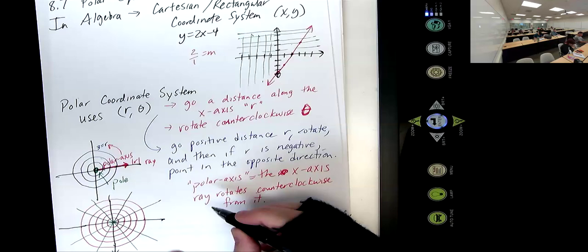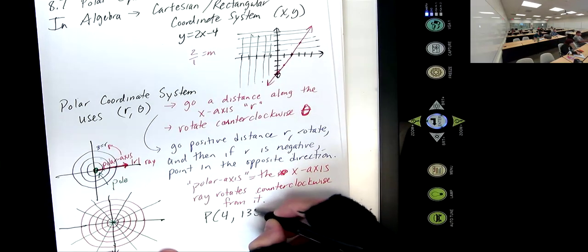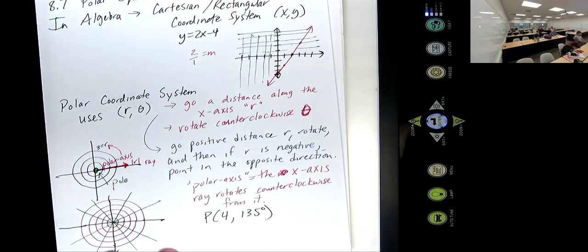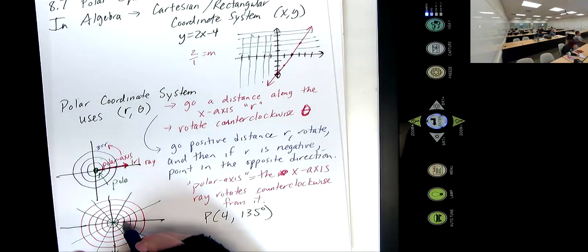So in polar coordinates, let's map a couple points. Let's map where 135 degrees is. What you're going to do is go out a distance 4 from the center and rotate 135 degrees.